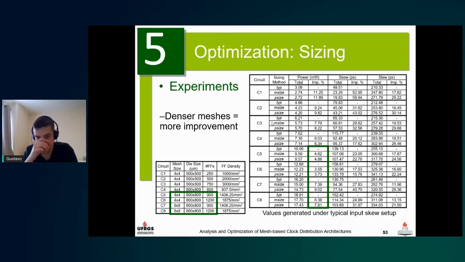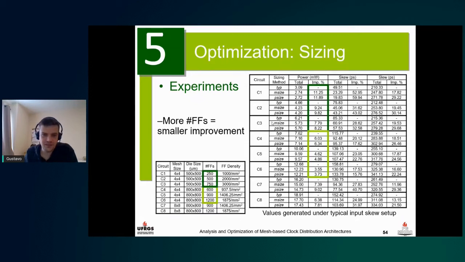The other thing we found was that the denser the mesh, the more improvement we get. Same idea as the die area, so the buffers are closer together. And the other thing we saw was that the more flip-flops we have, the smaller is going to be our improvement.